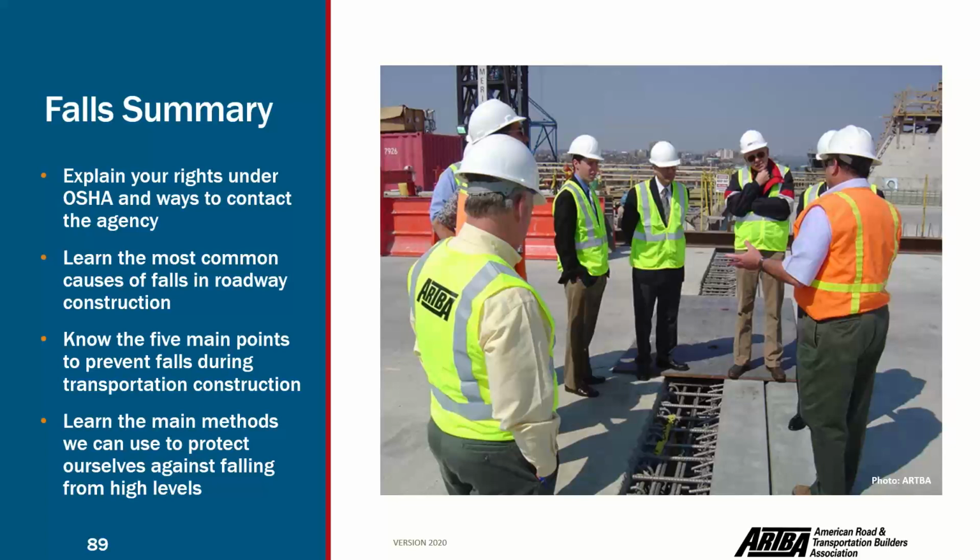Then you have to create a plan using the hierarchy of control. Then you have to provide the right materials to your workers to prevent falls, maybe a guardrail, a net, personal protective equipment, and then train your workers how to use these devices and how to prevent falls, and then evaluate if everything is okay and come back again to the plan to verify and revamp all this information. Okay.